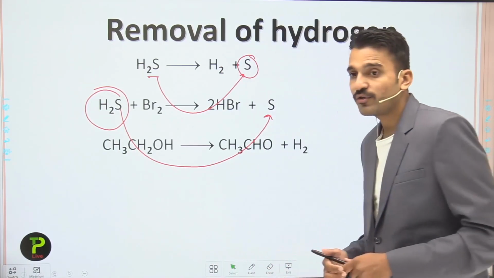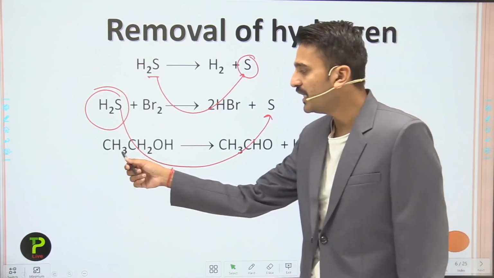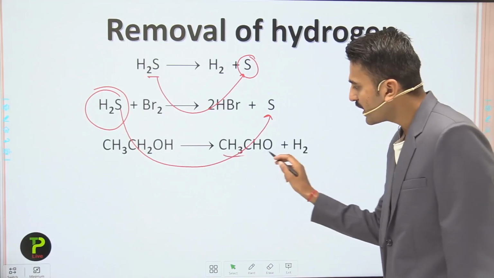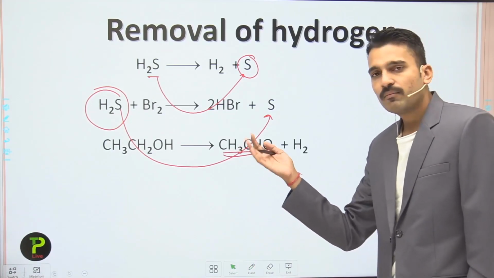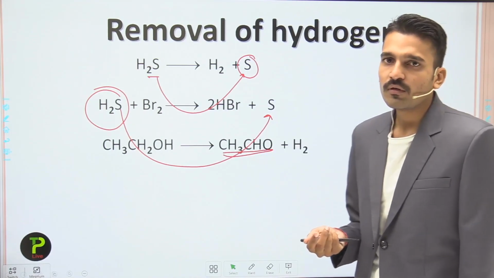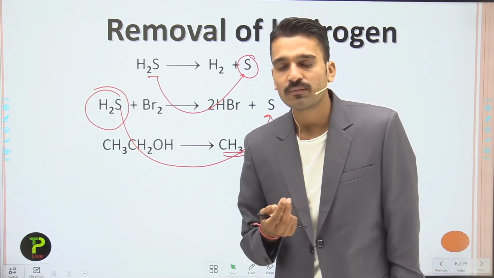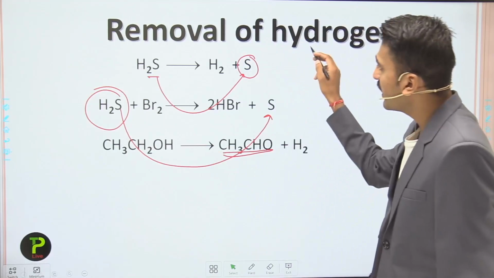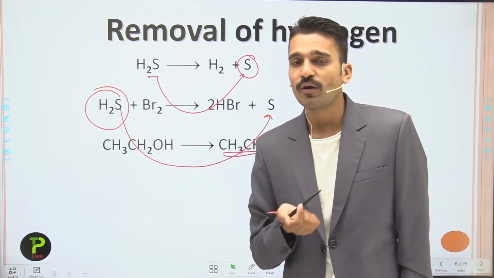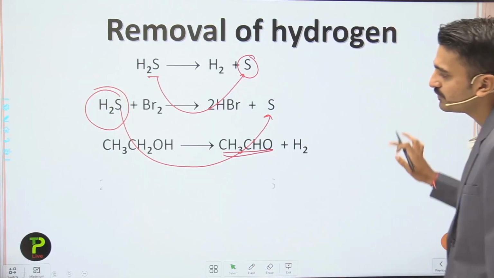The number of hydrogen atoms in this particular reaction is 3 plus 2 plus 1, that is 6, and the number of hydrogen atoms present in this compound is 3 plus 1, 4. So there is removal of 2 hydrogen atoms. That's why it comes under the category of removal of hydrogen, or we can say an example of oxidation reaction.